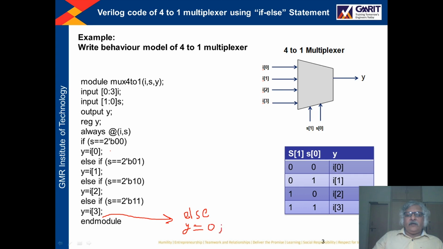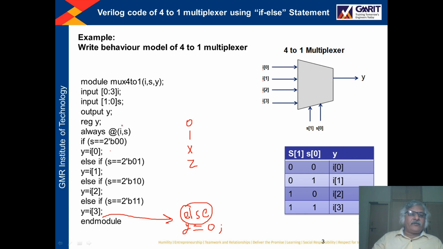I want to assign 0 to the Y. This is possible, because we know that in the Verilog it is a 4-value system. The values for any variable we can assign 0, 1, don't care, high impedance. So there may be a case that this else will cover all other unused conditions of the else if.